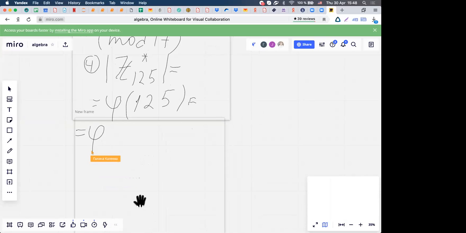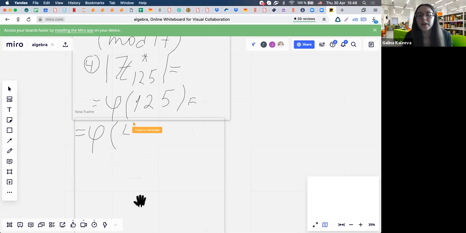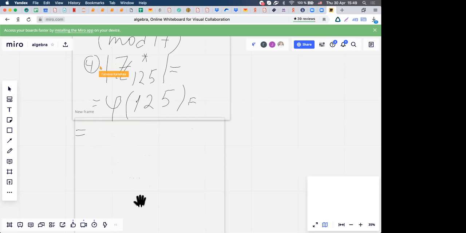We can decompose it into a prime factorization, and then find the totient function for each prime in its factorization. So this is 5 to the 3rd power. For the powers of a prime, which is the formula?